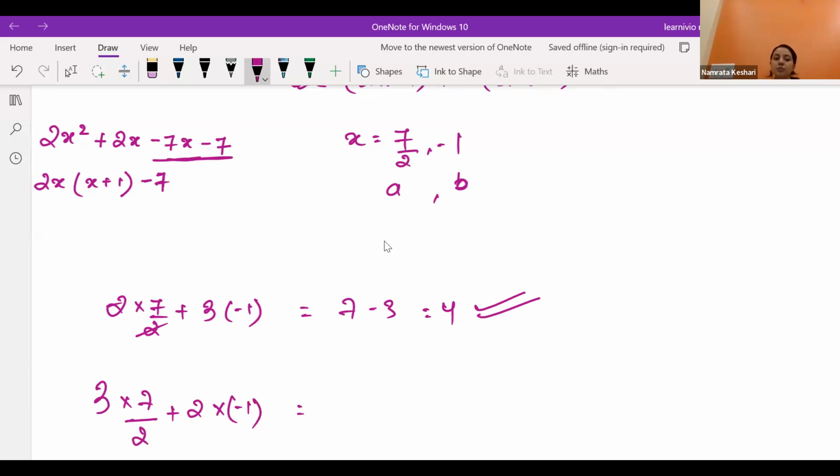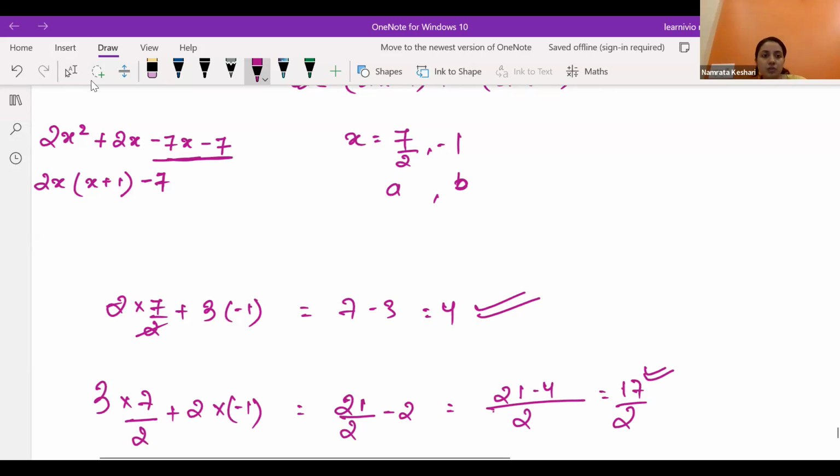If we do the simplification, let's check what we are getting. So 3 times 7 is 21, 21 by 2 minus 2, that means 21 minus 4 over 2, from here 17 by 2. These are the two zeros we have found. Now we will try, just a second.